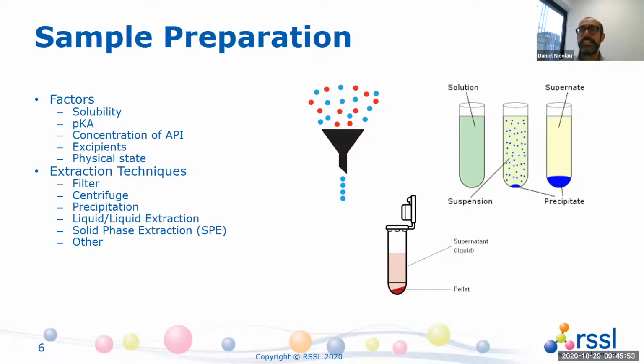What I would say is, my colleague laughed at me that I like to utilize an old school type extraction system of liquid-liquid extraction. And I find that an incredibly important way of extracting out these nitrosamines, and hopefully I can explain that to you in this presentation. There are all the other extraction techniques available to you, and it's important that you keep those in mind when determining how best to prepare your sample for LCMS.